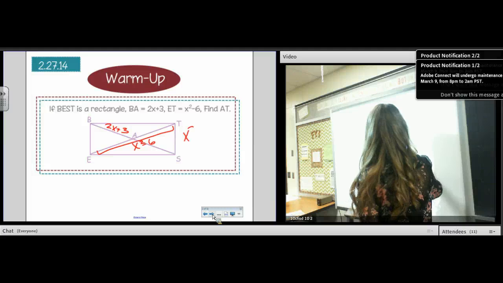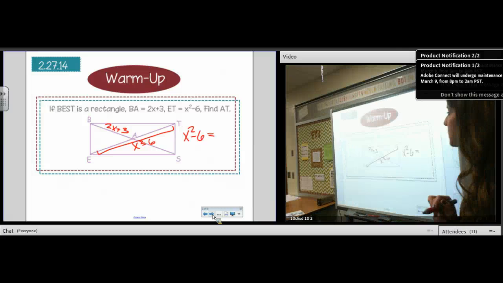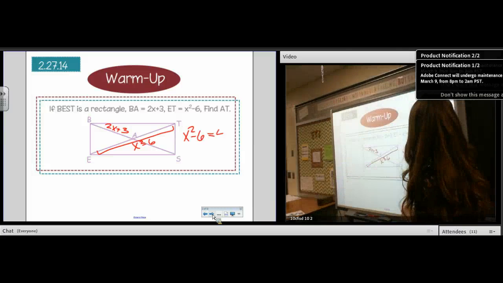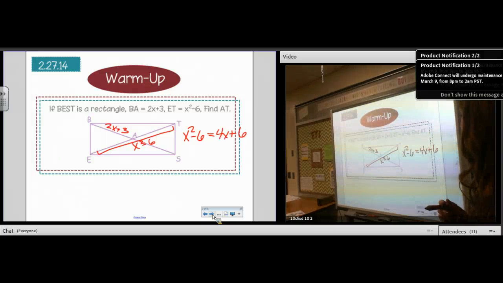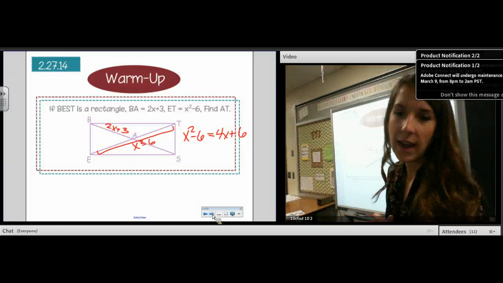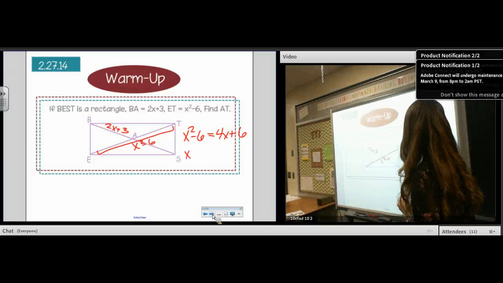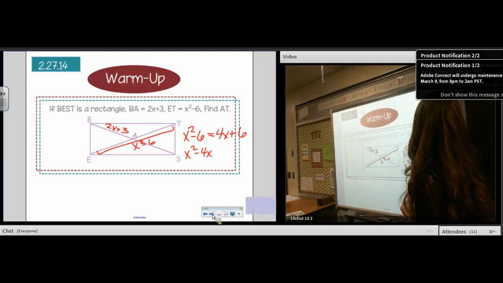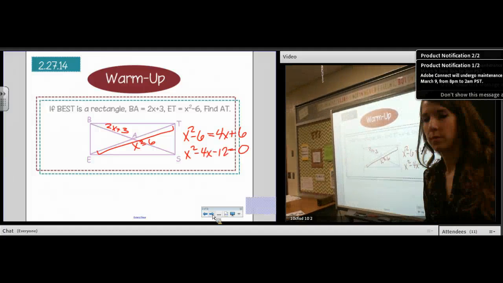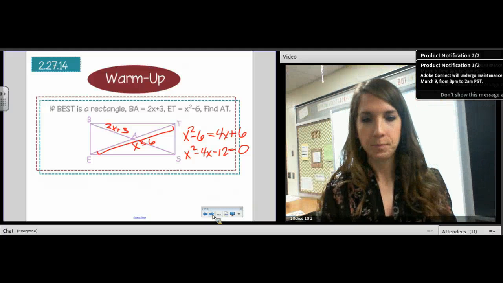So x squared minus 6 equals 2 times (2x minus 3), which is 4x minus 6. And then we bring everything to one side of the equation: x squared minus 4x minus 12. Is that okay?